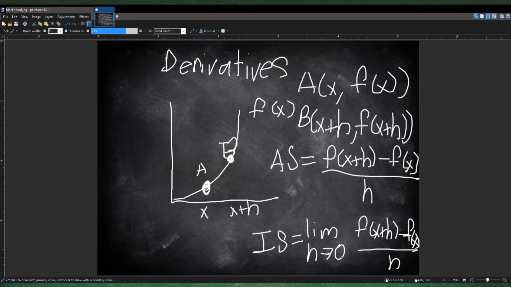So as h approaches a really, really small number, this value would be some kind of value which we could help calculate the slope. So this would be the general idea we could use. This might seem very difficult right now to understand, but if we apply it to actual examples, it will make more sense. So let's actually try an example.